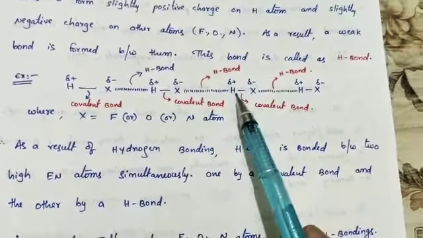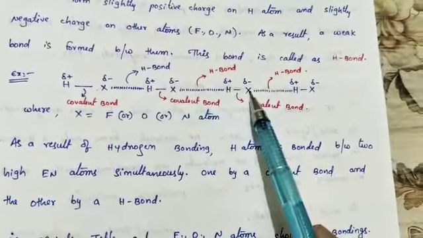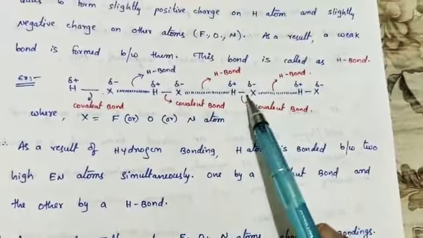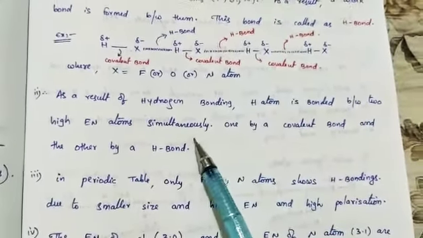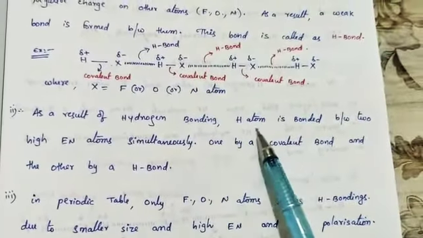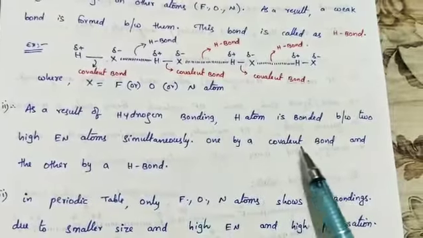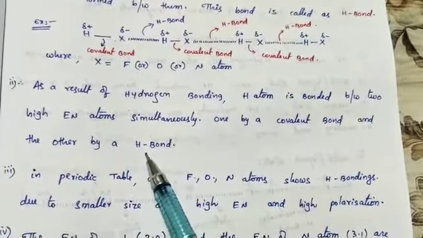Therefore, as a result of hydrogen bonding, when the hydrogen atom is bonded between two highly electronegative atoms, they contain one covalent bond and one hydrogen bond.